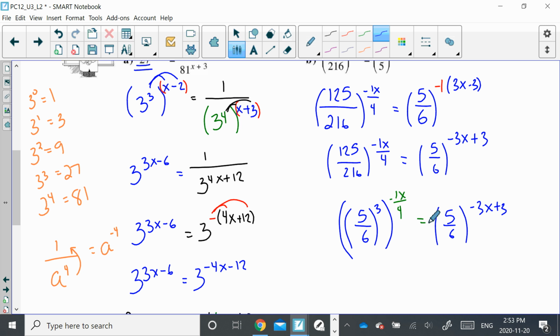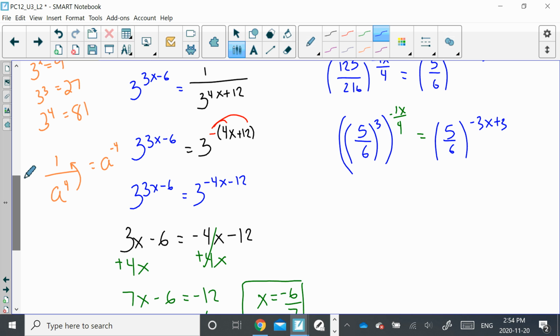I've got the exact same bases, and I could now drop my bases and equate the exponents. Before I drop the bases, though, I really should do this exponent law over here, which is power to a power and multiply. So 5 over 6 to the negative 3x over 4 is equal to 5 over 6 to the negative 3x plus 3.